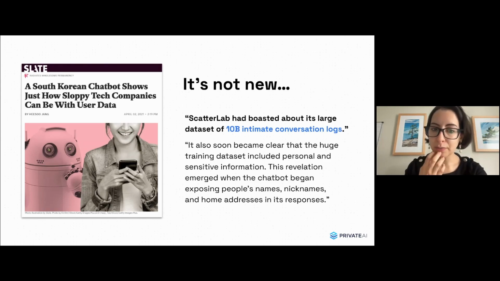In this article for example, from 2021, this Korean chatbot company called Scatterlab had been boasting about the billions of conversations they had between users and had been using those conversations to train their chatbot, and out came entire names, nicknames, home addresses, so personal information from these users that had been quote unquote memorized by these models from those billions of conversation logs that they had.